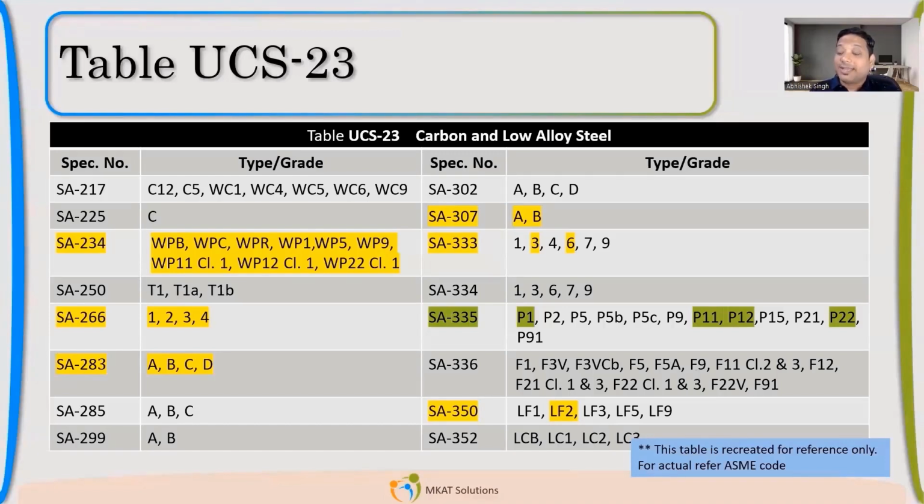Why do we prefer 333 for low temperature? What is the reason? Better impact properties. Yes. Similarly, the 350 LF2 you see, that is also a forging material. If there is a low temperature requirement, then we go for SA 350 forging, for good toughness and good impact properties.